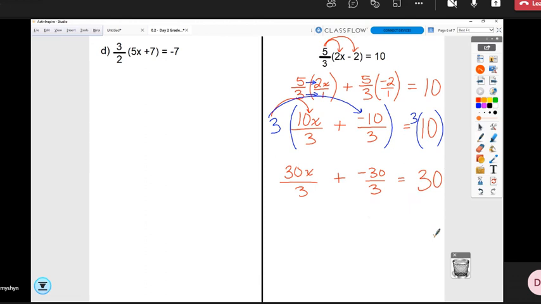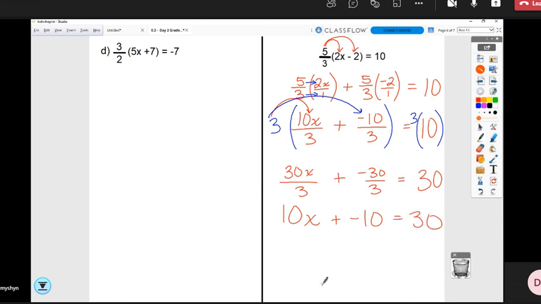Now the reason why we multiply by the common denominator is because this is the magic that happens. These fractions reduce so perfectly. 30x divided by 3, 10x. Literally, 30 divided by 3 is 10. So we got 10x plus negative 10 equals 30.